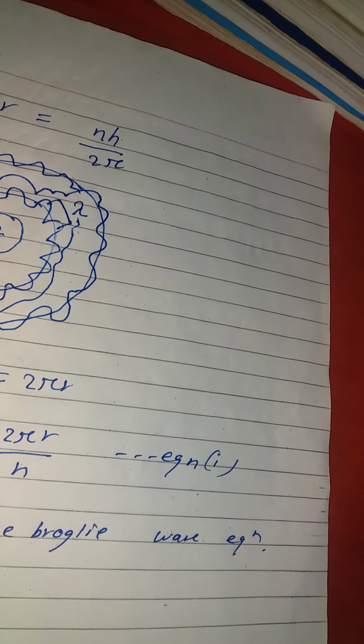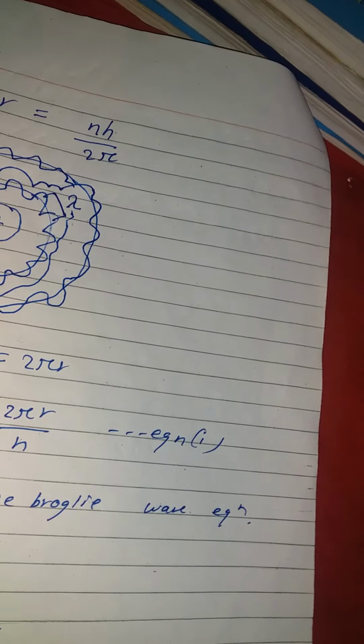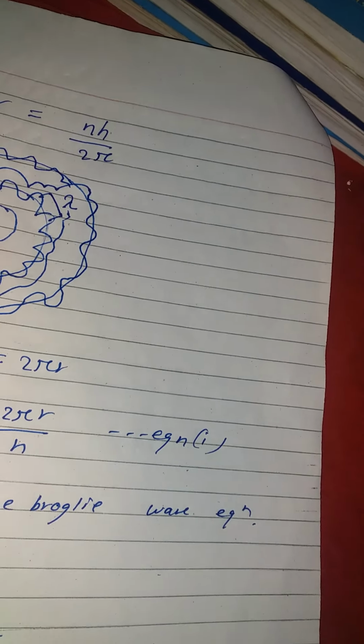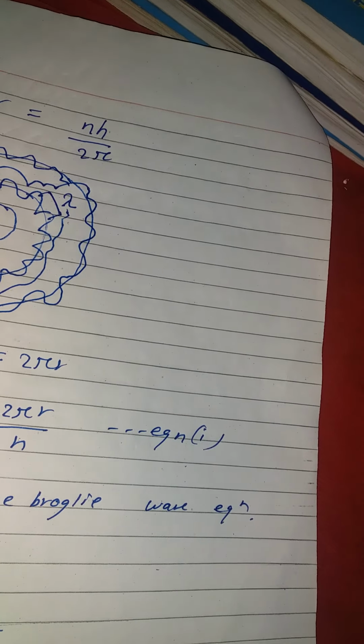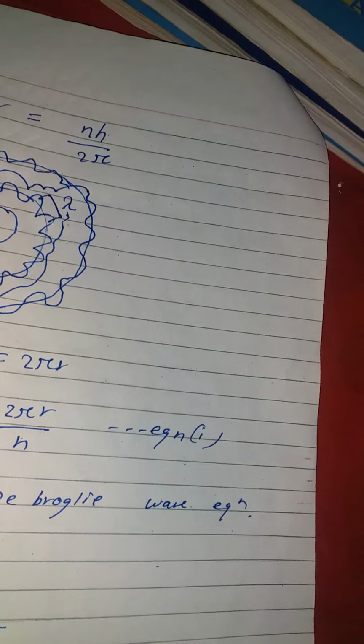This is n, sorry, this is n. It is equal to n h by m into v, or mvr is equal to nh by 2 pi.